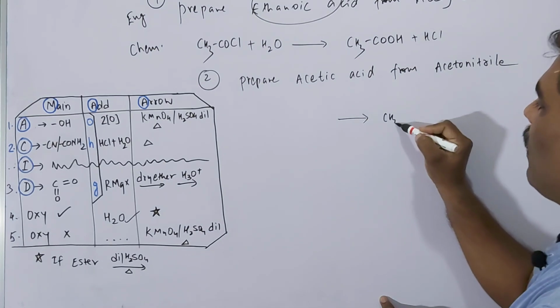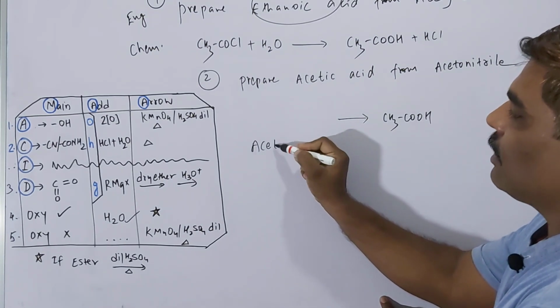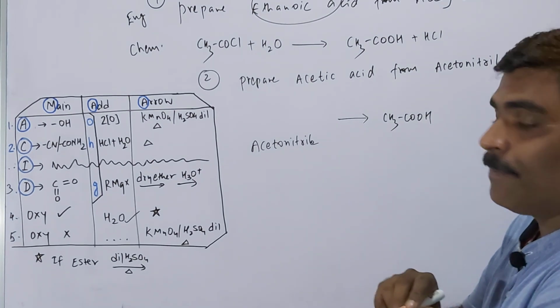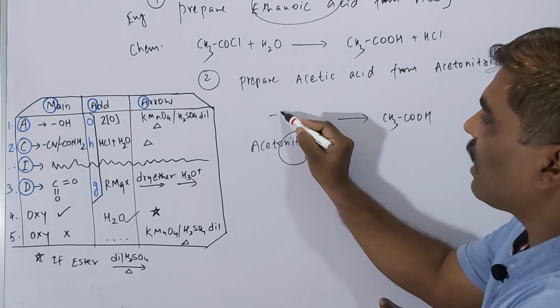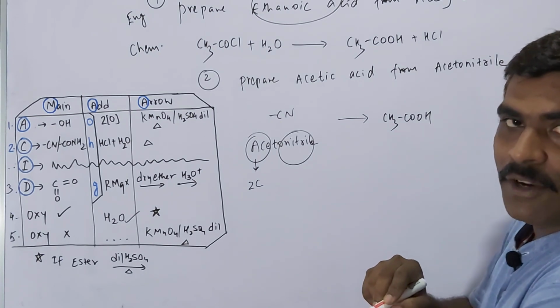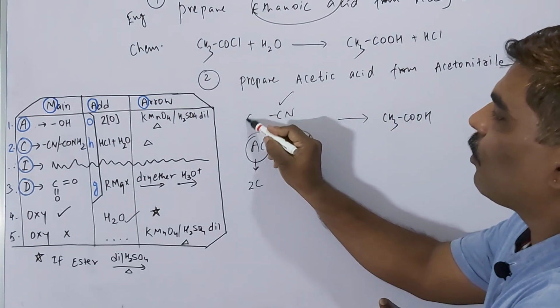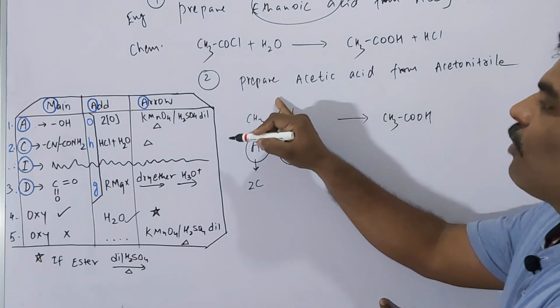We want to prepare acetic acid from acetonitrile. How to write the structure? Nitrile means cyanide. So that you will write here. AC means what? AC means 2 carbon. If 2 carbon is there, 1 carbon we already have, 1 more carbon is required. So we got the formula of acetonitrile.